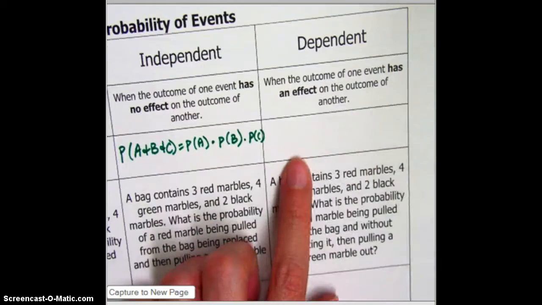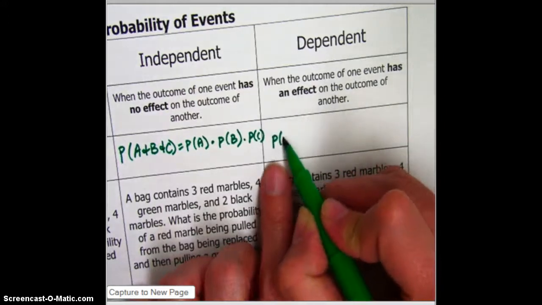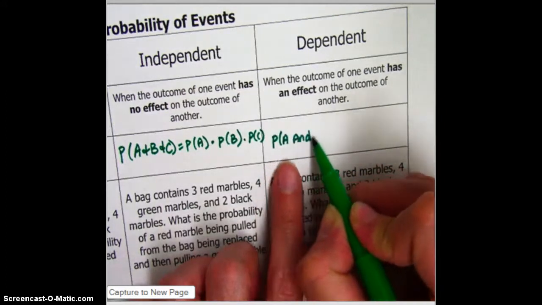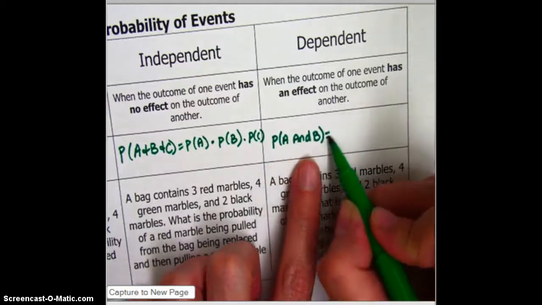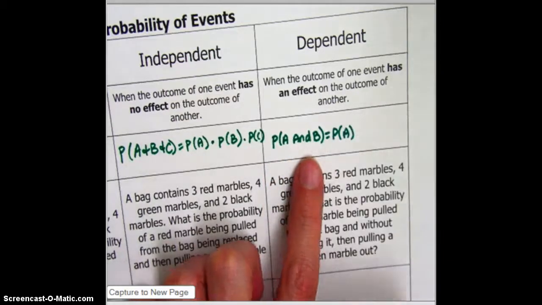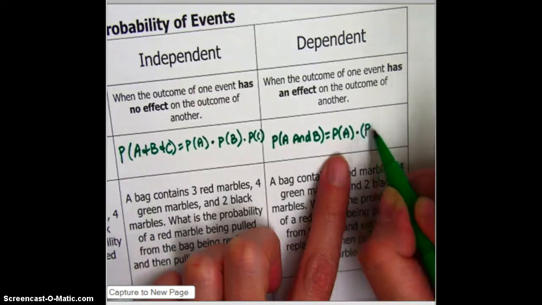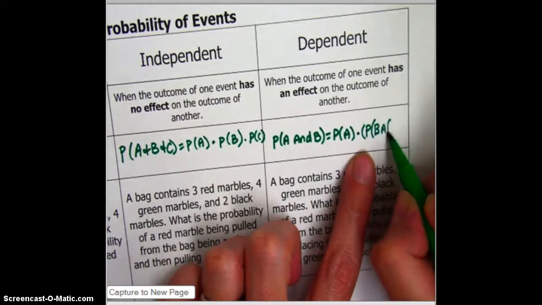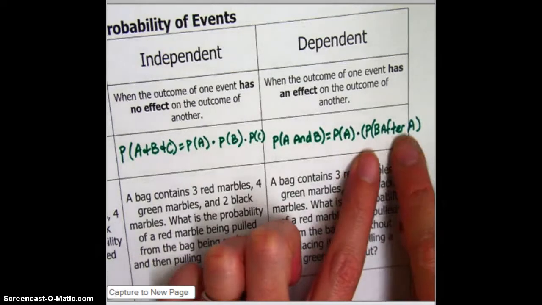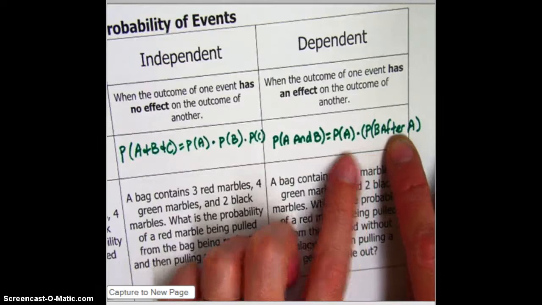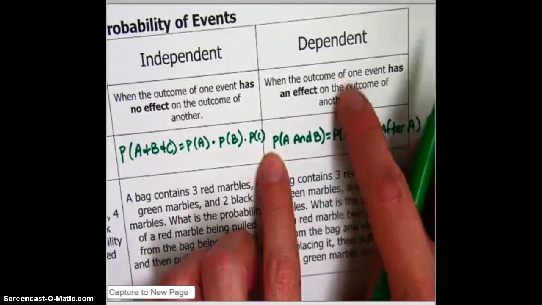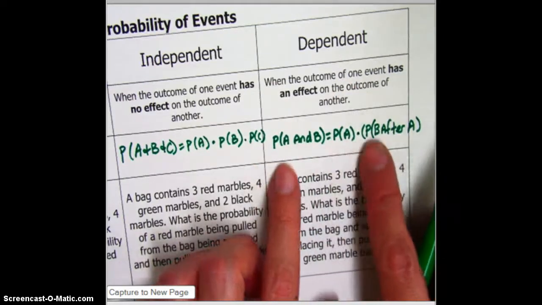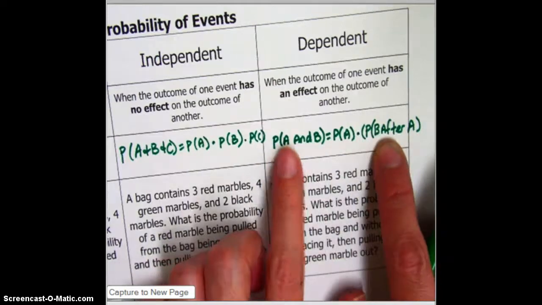Then the formula for the probability of a dependent event: the probability of A and B is equal to the probability of A, times the probability of B after you do whatever needs to be done with A.